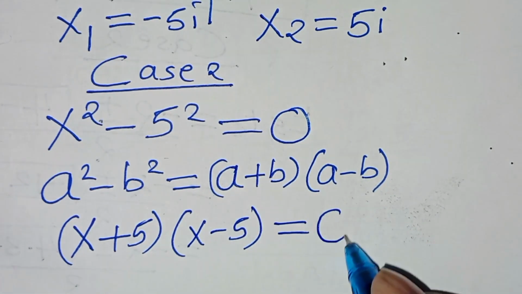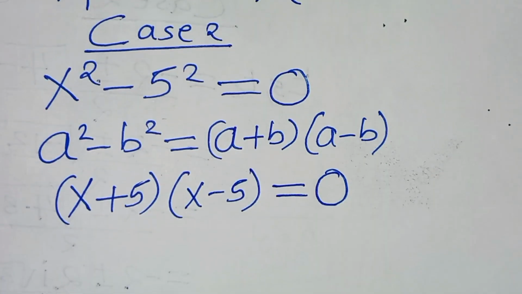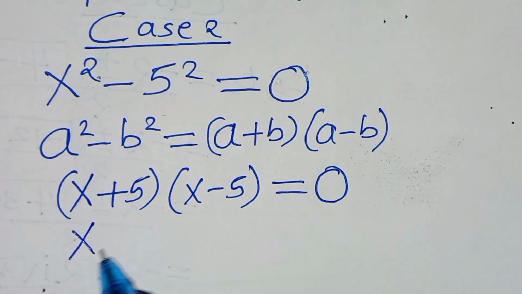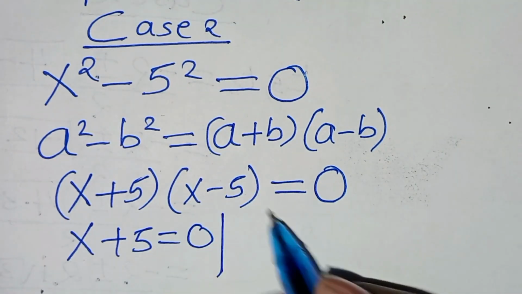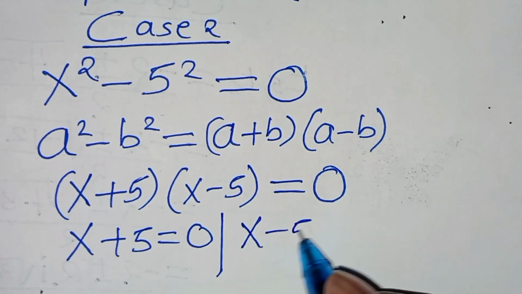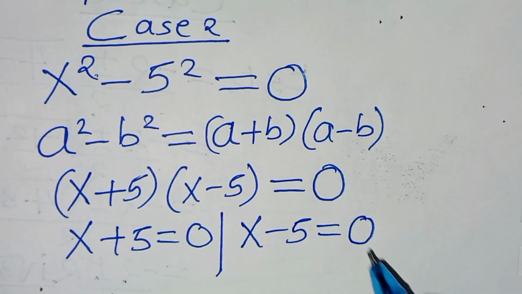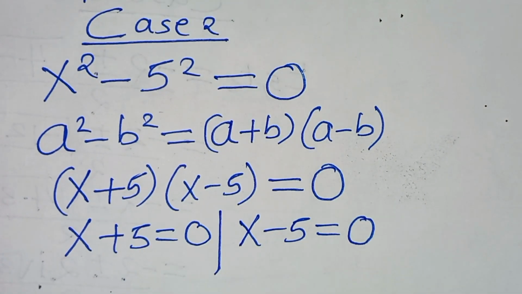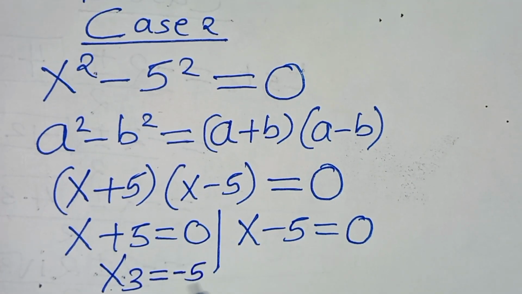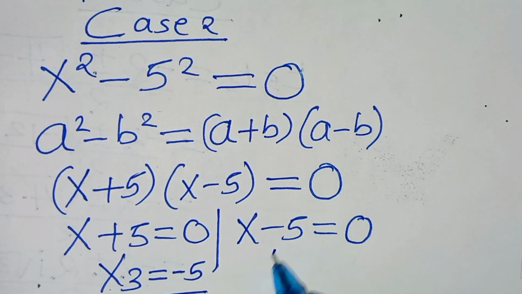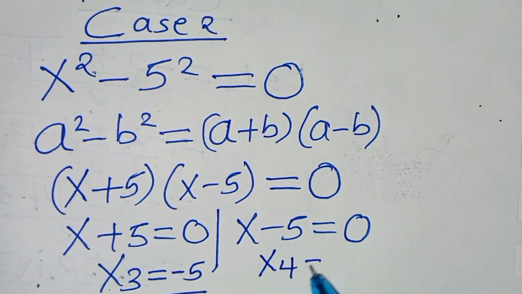This is equal to 0. So we have two parts here. We have x plus 5. This is equal to 0. And we have the second part here, which is x minus 5. This is equal to 0. So this implies that we have x3 equal to minus 5. And we have that x4 is equal to 5.